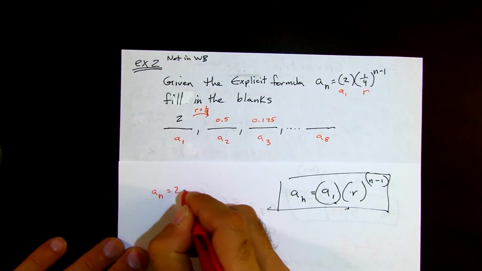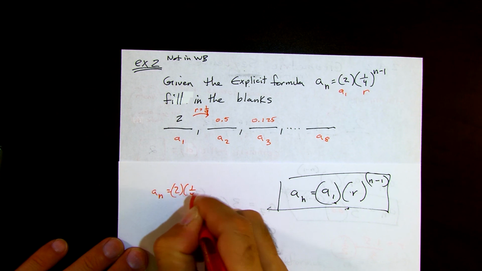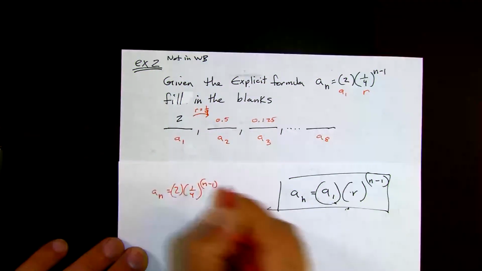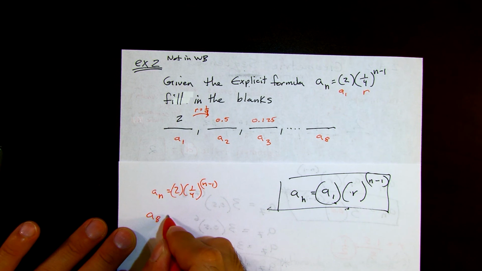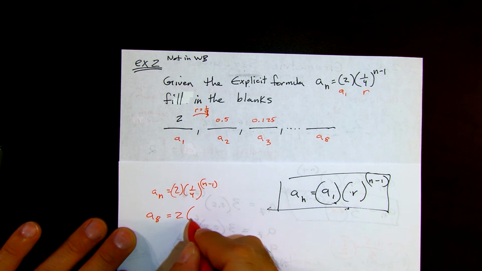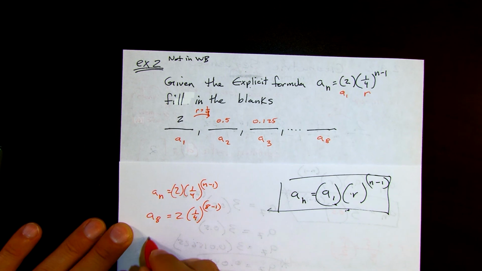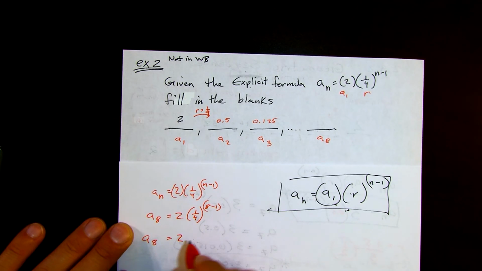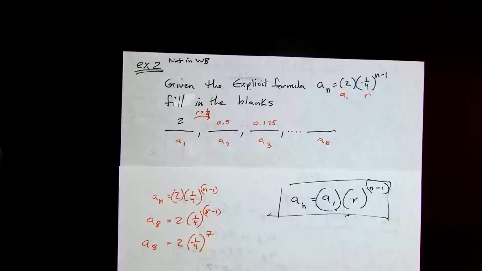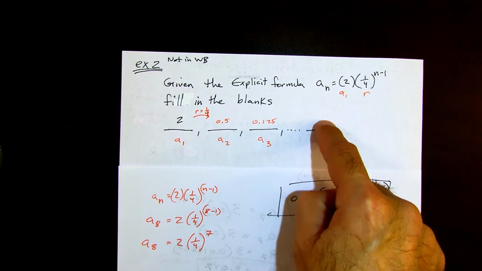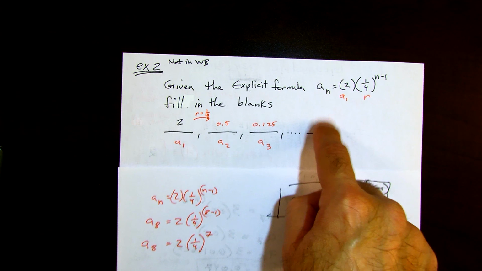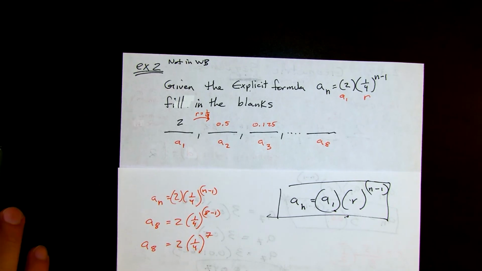Now to find a sub 8, we need to do a little bit of work. We need to take the formula they gave us, and we need to plug in 8. You see, once you get your explicit formula, just go right at it. 8 minus 1. Okay, find what goes here. A sub 8, what goes here? A sub 8, and tell me in the chat.